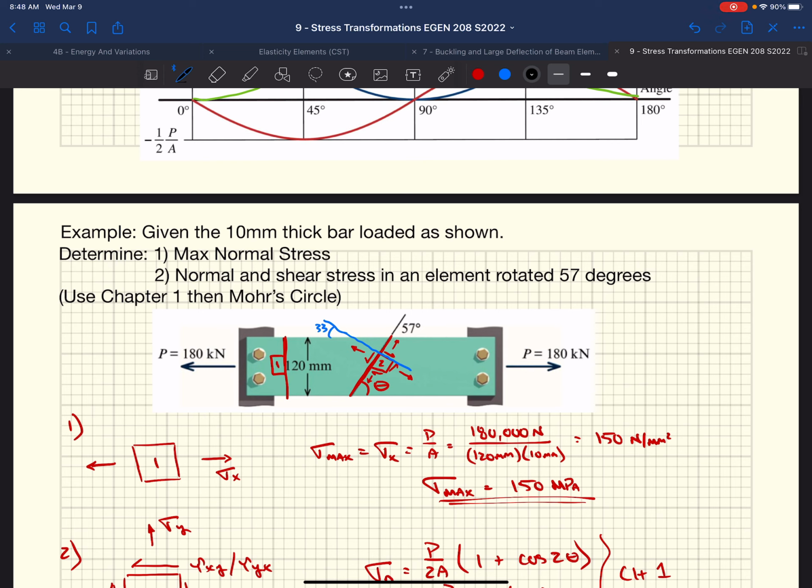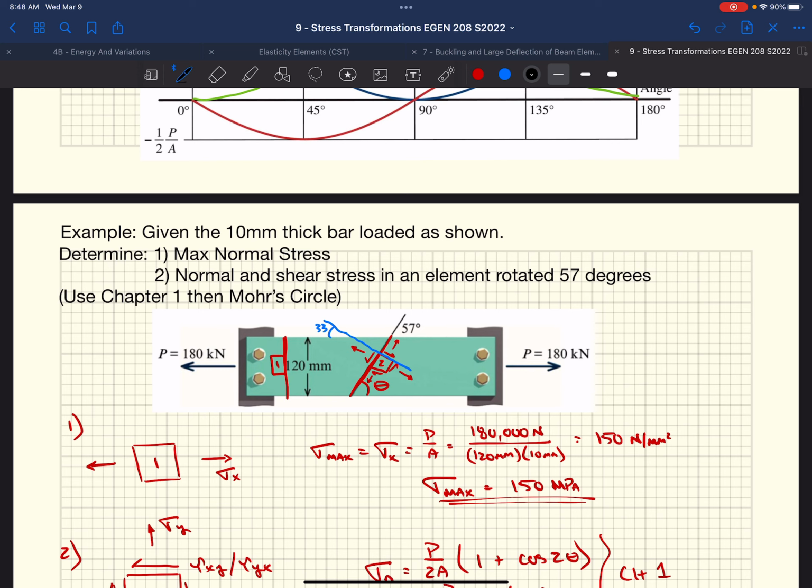So our block looks something like this. We can do this without calculating the orientation of 57 degrees, who knows that. We would need subsequent calculations, but we know the normal stress on a plane perpendicular to the applied load, so we could figure out the stresses fairly easily in this stress block. Normal stress, no shear stress, no normal stress on the y-axis.